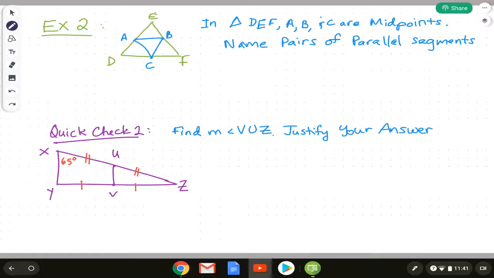So remember, according to the triangle midsegment theorem, if I have a midsegment in a triangle, it's parallel to the side that it's opposite. So if I'm looking at BC, it's going to be parallel to ED or DE.